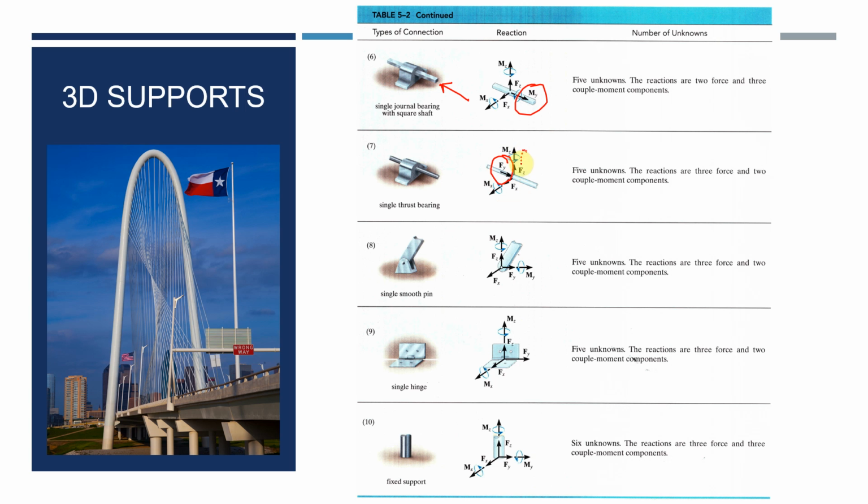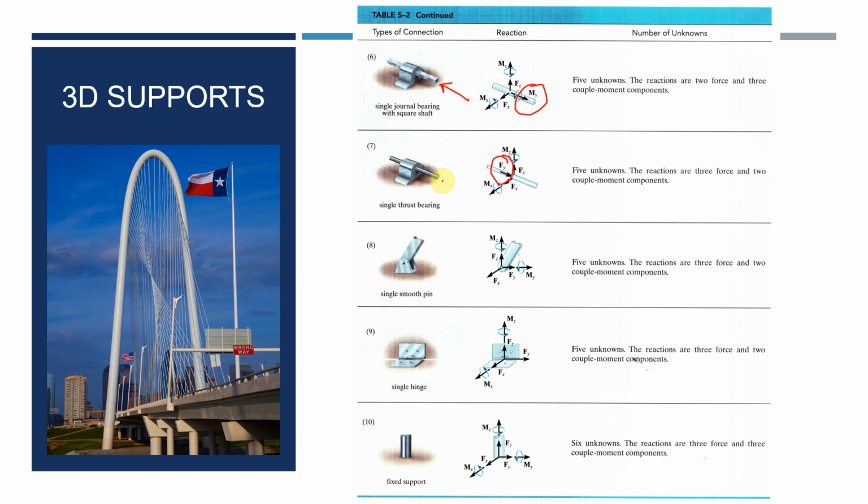Along with it, like a journal bearing, you could have moments and forces along the z-axis, moments and forces along the x-axis. You can have a force along the y, but no moment, because if you had a moment, the axle would turn. Crankshafts on a bicycle, they don't slide back and forth. They go round and round.